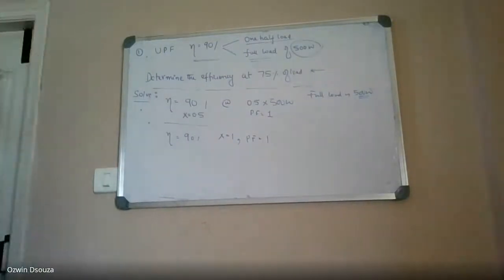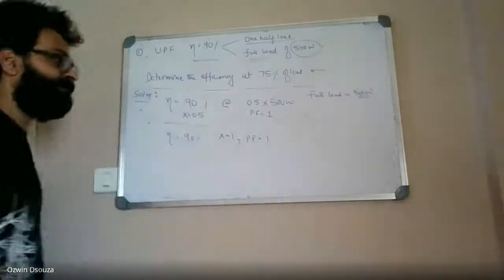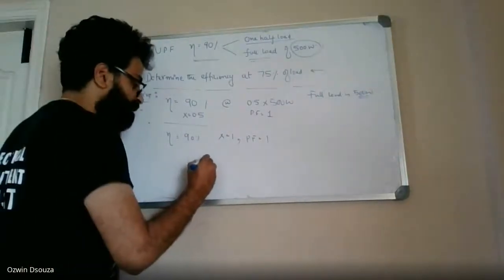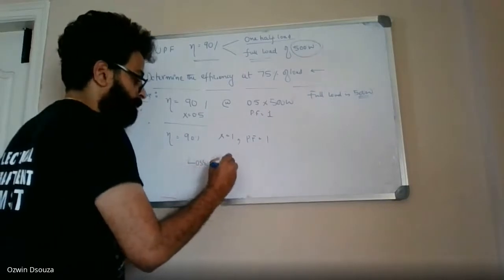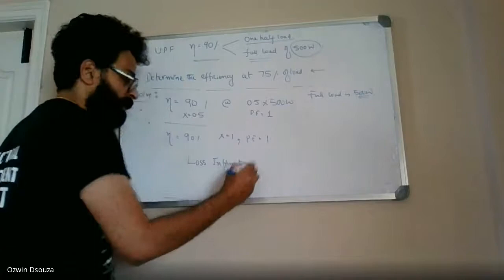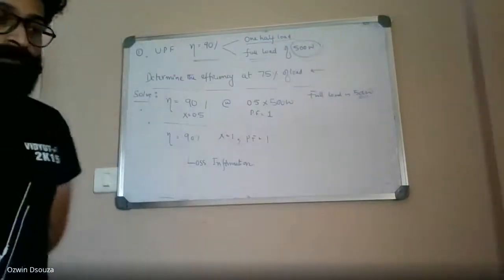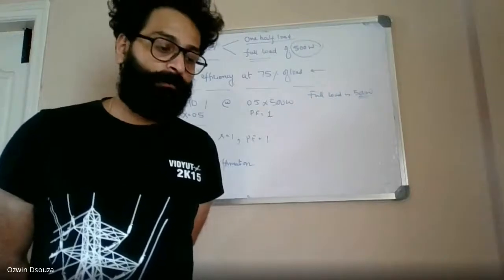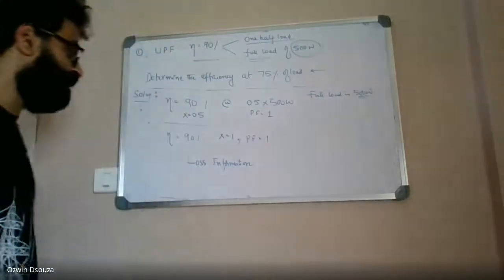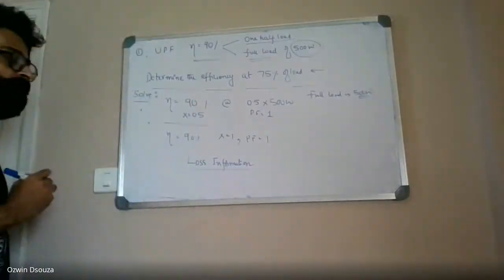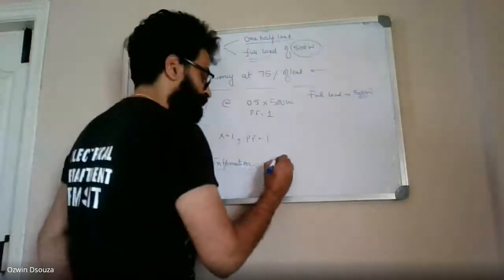So in order to determine the efficiency at 75% loading, what you need is the loss information. Unless you get to know about the losses, it is not possible to find the efficiency. So how do you find the loss information?